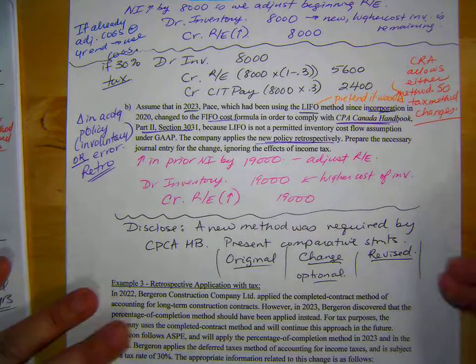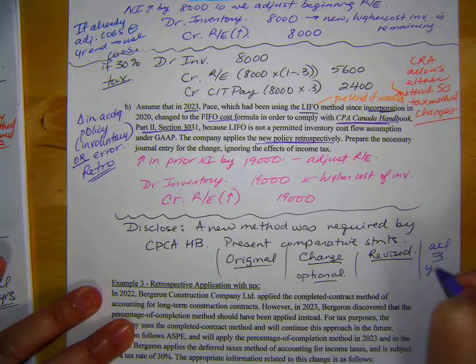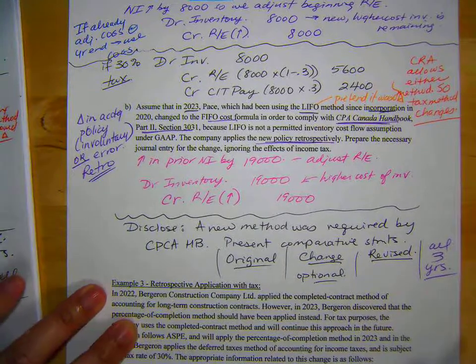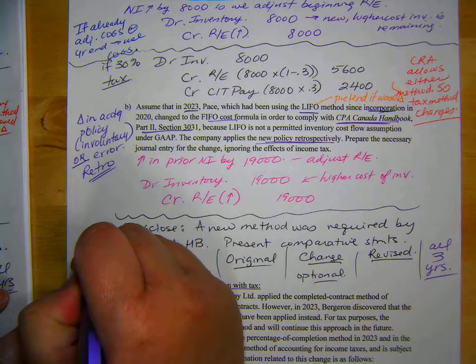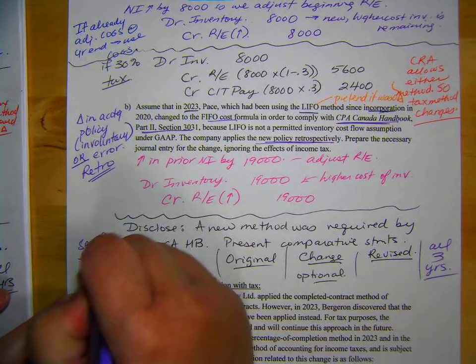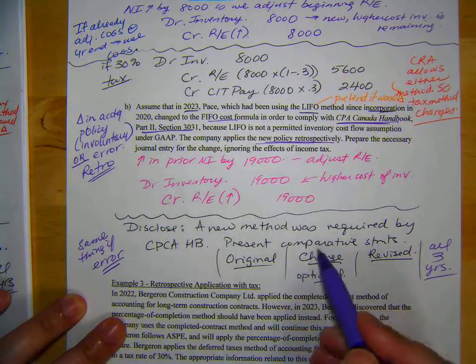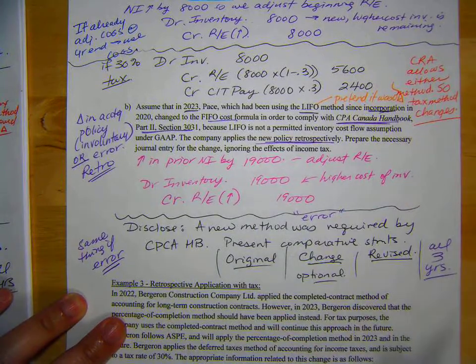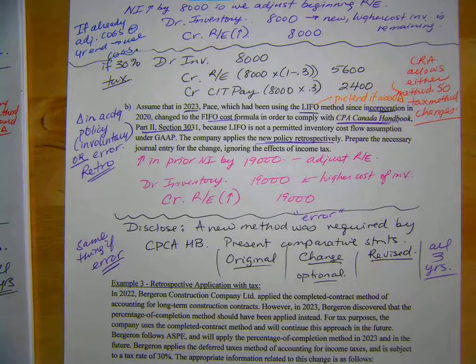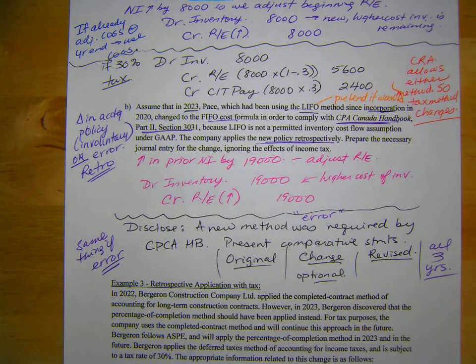And you would show this for all 3 years so that people would know. Now, even if it was an error, same thing if error, except you would say this was an error. Okay, so that was Part B.